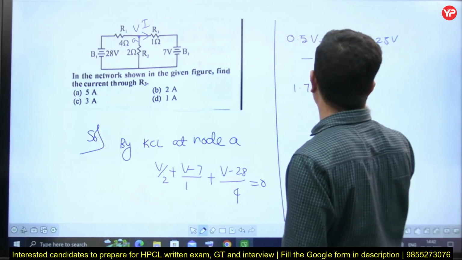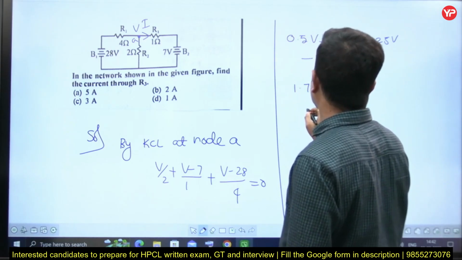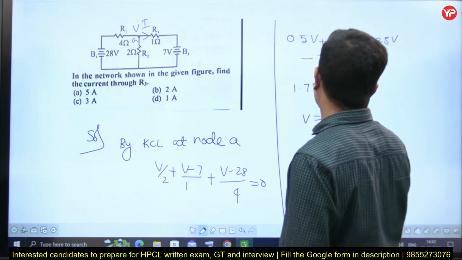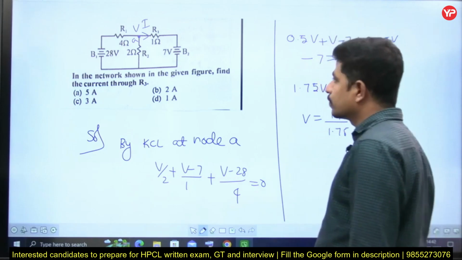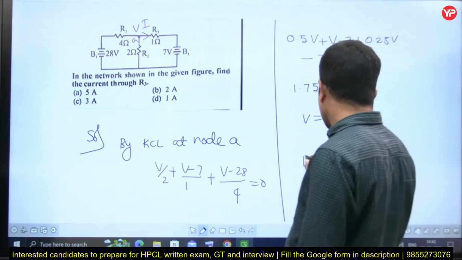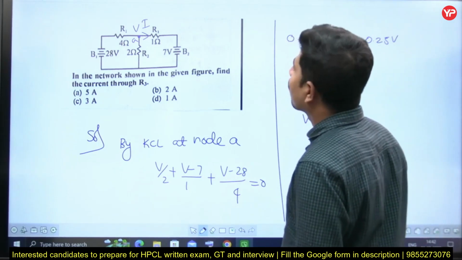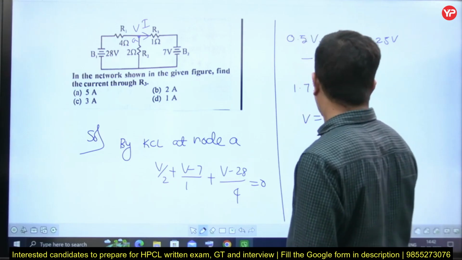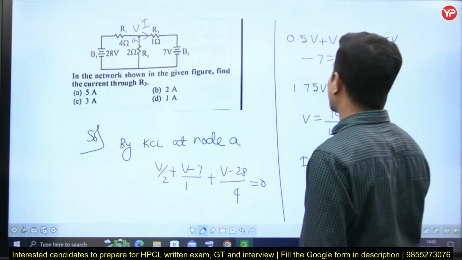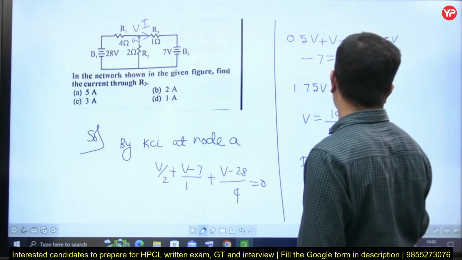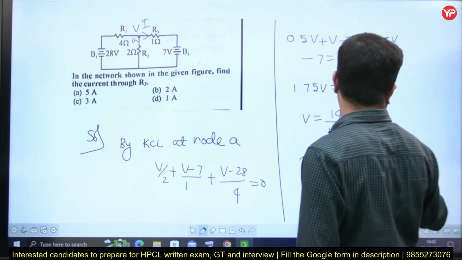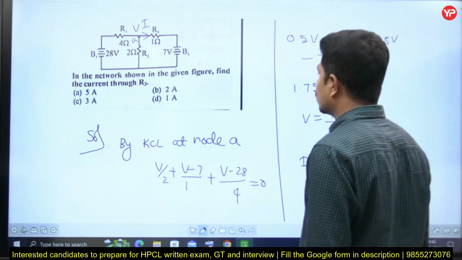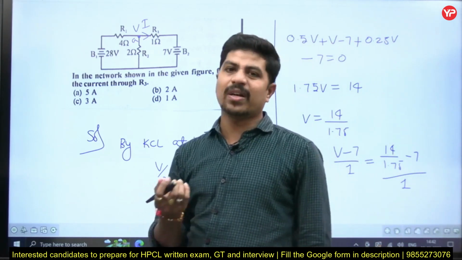So V is equal to 14 divided by 1.75. So I is equal to, I is equal to what? I is equal to V minus 7 by 1. So how much is it? 14 by 1.75 minus 7 by 1. Solve this, you are going to get the perfect answer.